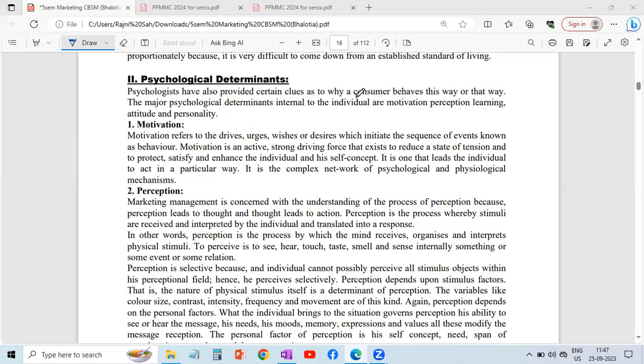Now, perception. Marketing management is concerned with the understanding of the processes of perception, because perception means what? According to what you think, your point of view, your process, your stimuli, like how you will behave whenever you are put into a situation. Like what I told you, I was just testing your stimuli a few moments back when I said that if you would have had gold and you're going out for 20 days, what would you do?